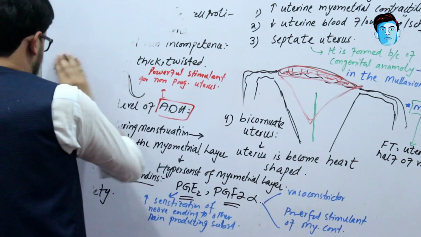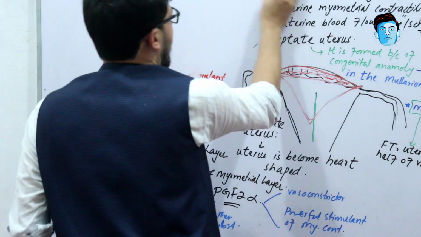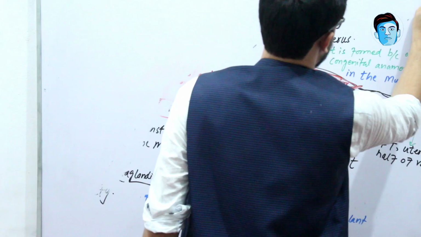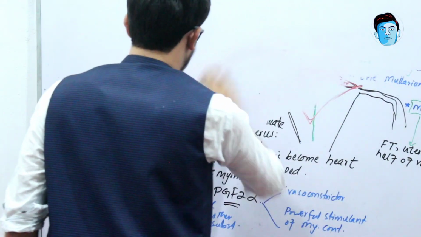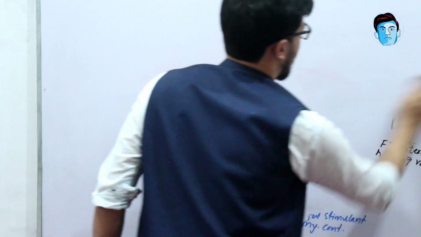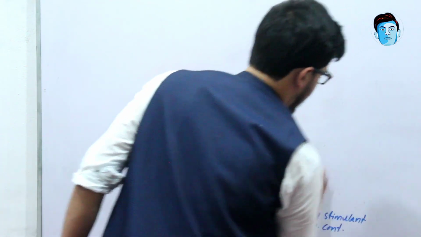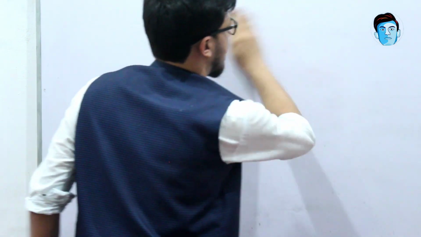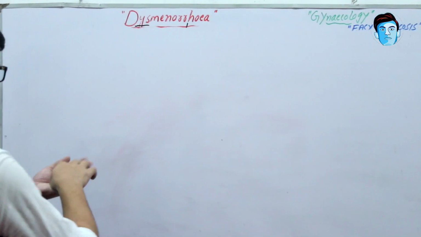Now let's switch toward the signs and symptoms of primary dysmenorrhea. What are the signs and symptoms? Already we discussed that in primary dysmenorrhea there is crampy lower abdominal pain.